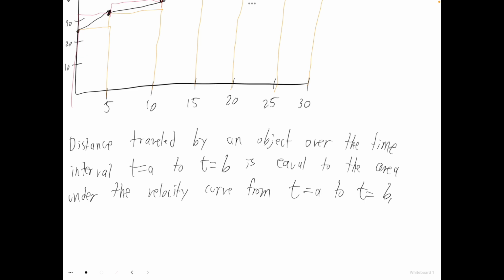And so if we want to find the total distance traveled by an object, it's really the same as finding the area under the curve.